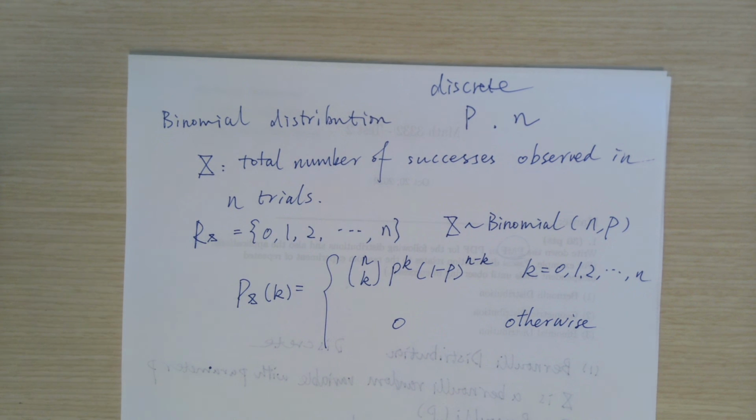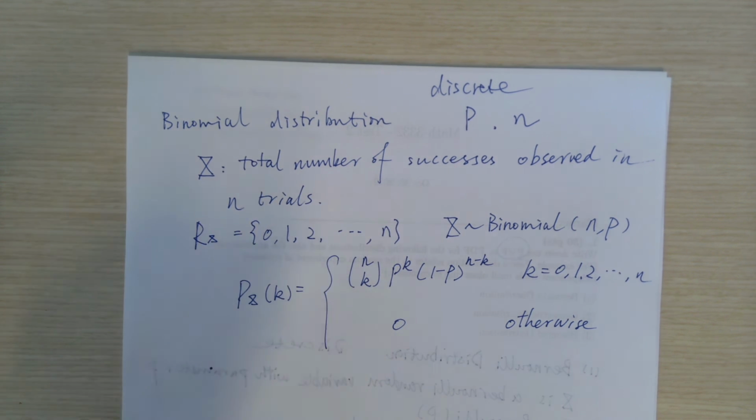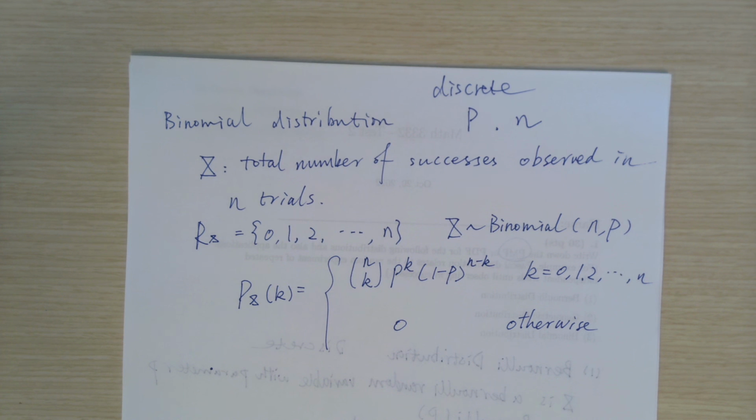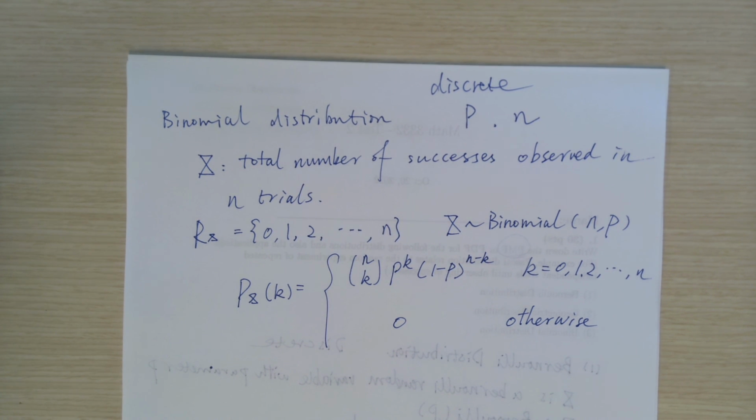So that's a combination process, n choose k. That's the first three parts. Okay, so I'll stop here. Then I'll see you soon.